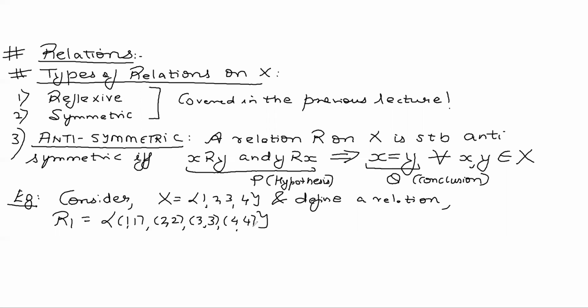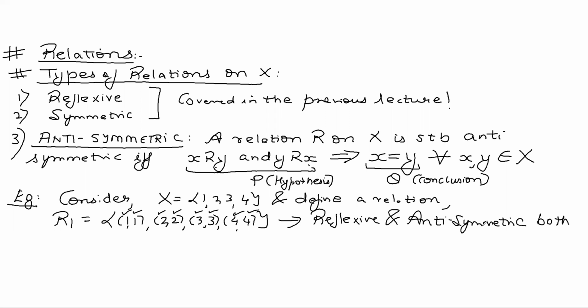Guys, is it anti-symmetric? Let's check. X is related to Y and Y is related to X implies X is equal to Y. You can see 1 is equal to 1, 2 is equal to 2, 3 is equal to 3, 4 is equal to 4. So you can say that this relation is reflexive also, and it is anti-symmetric also. This is reflexive and anti-symmetric both.